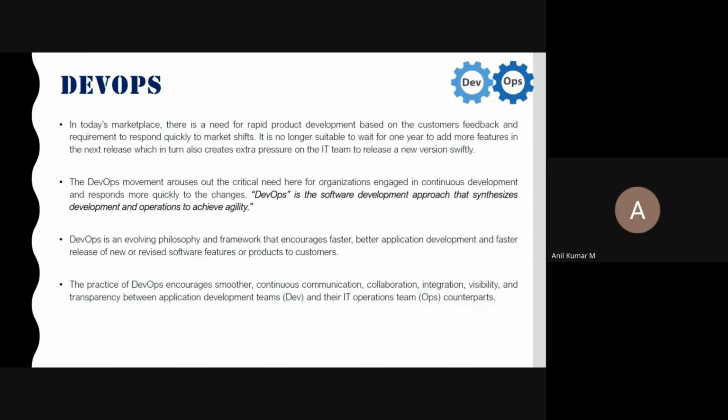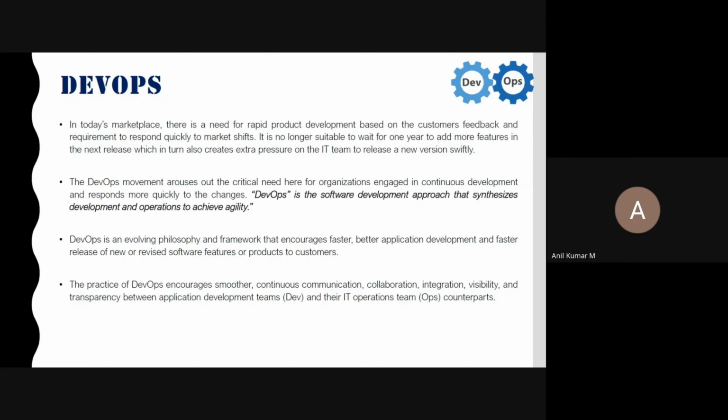So the DevOps movement arose out of the critical need for organizations engaged in continuous development to respond more quickly to changes. That means DevOps is a software development approach which synthesizes development and operations to achieve agility. Agility means speed.